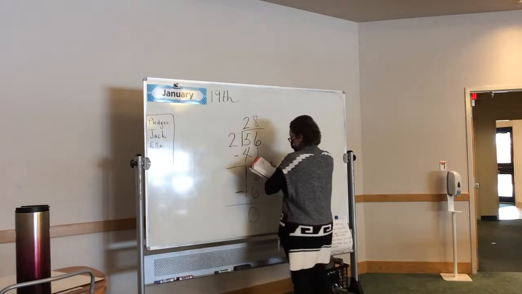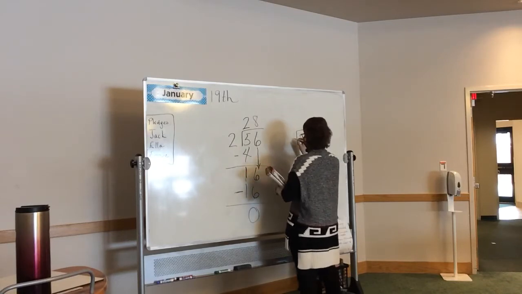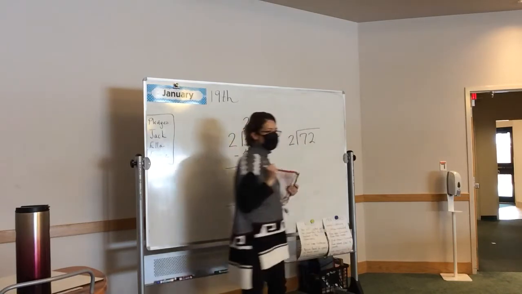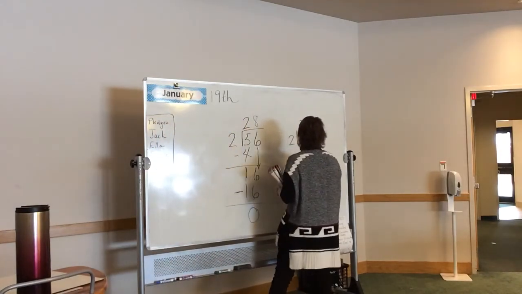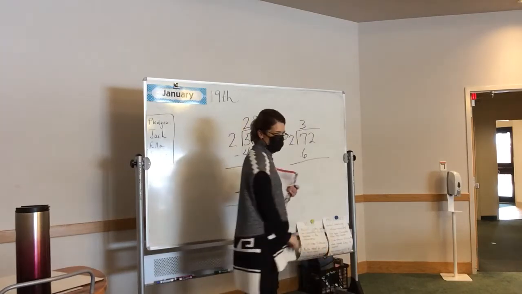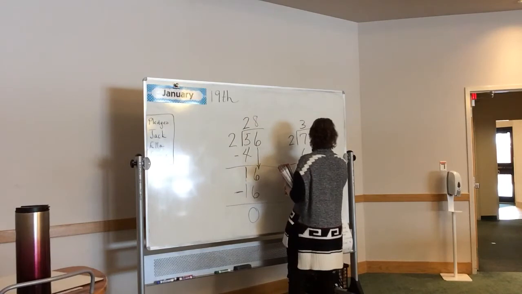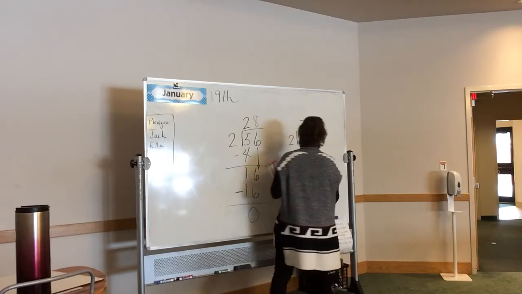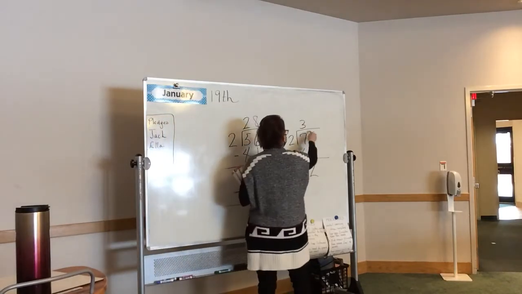Let's do this one up here. 72 divided by 2. How many times does 2 go into 7? 3. What is 3 times 2? 6. What is 7 minus 6? 1. And you take down the 2 and you get a 12. So we're not concerned about the 7 here because it has been used.